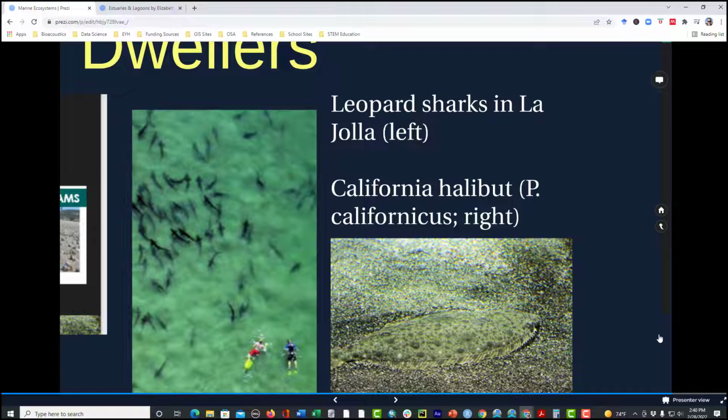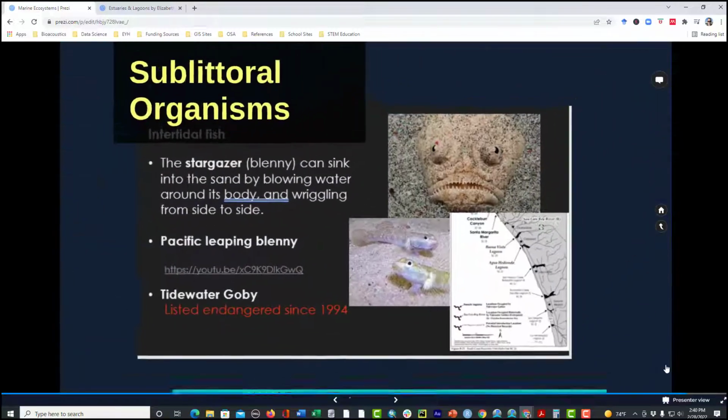And then off to the right-hand side, we also find organisms such as the California halibut, as well as other fish that are going to bury within that sediment and use that as a means of camouflage. So organisms have found different ways to deal with and survive in these sandy bottoms.